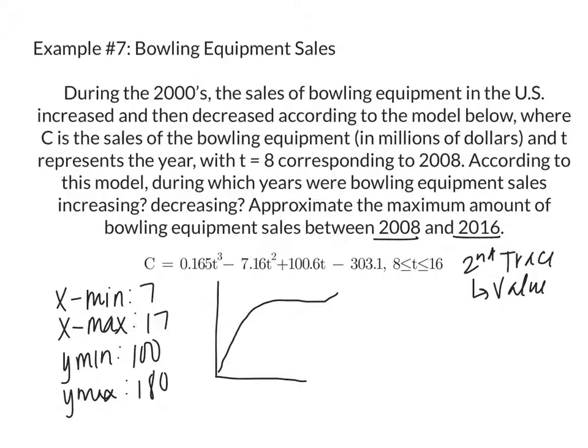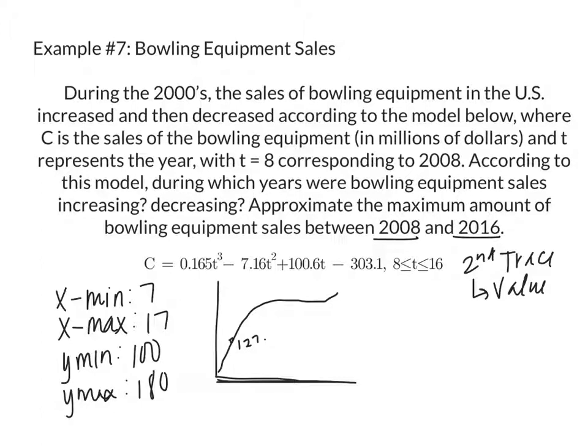We're going to simply input 8, 9, 10, 11, 12, 13, 14, 15, 16 to see what these numbers actually are along this axis. So if I go to second trace value and type in the number 8, the output is 127.94. I'll just say 127.